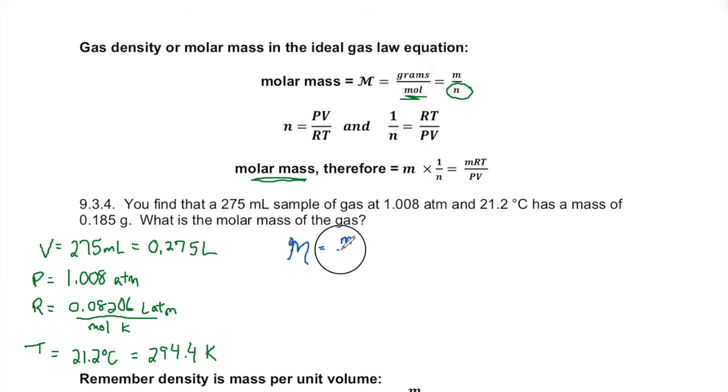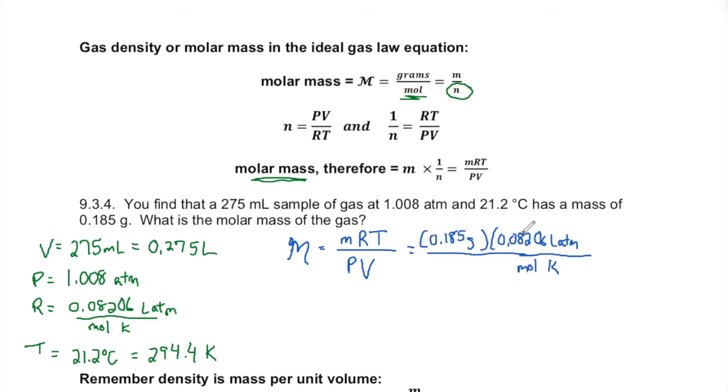The formula is that the molar mass is the mass of the gas times RT over PV. So we have the mass being 0.185 grams. For R, we're going to use 0.08206 liters atmospheres per mole Kelvin. For the temperature, we have 294.4 Kelvin. And for the pressure, we have 1.008 atmospheres.